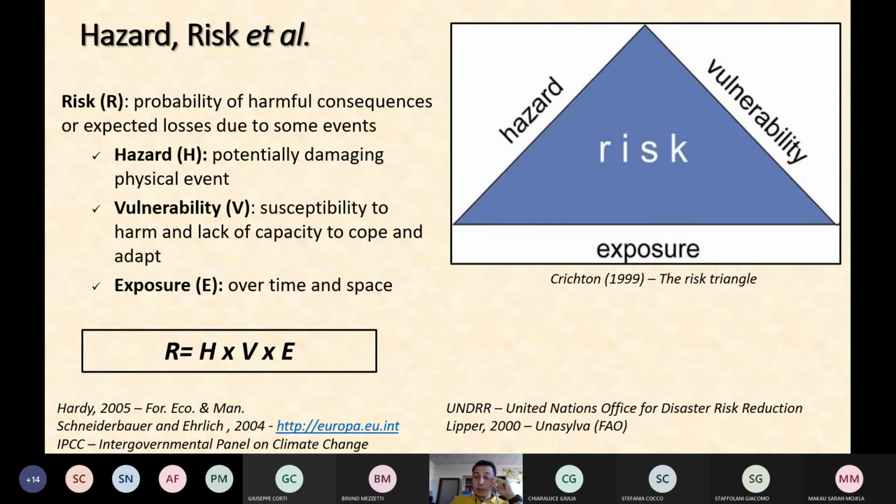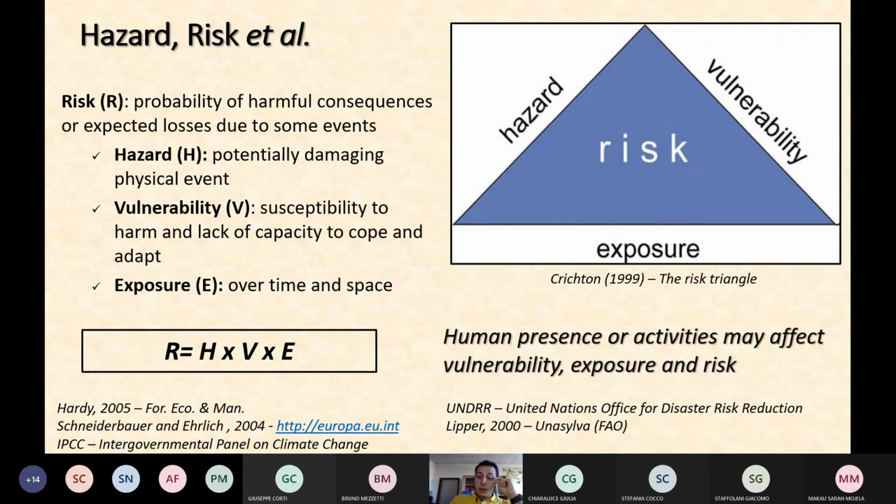The risk level depends on the interaction of these three factors: the hazard, that is the potentially damaging effect itself; the vulnerability, that is the susceptibility to the harm and the lack of capacity to cope and adapt of the forests to the hazard; and the exposure over time and space to the hazard itself.